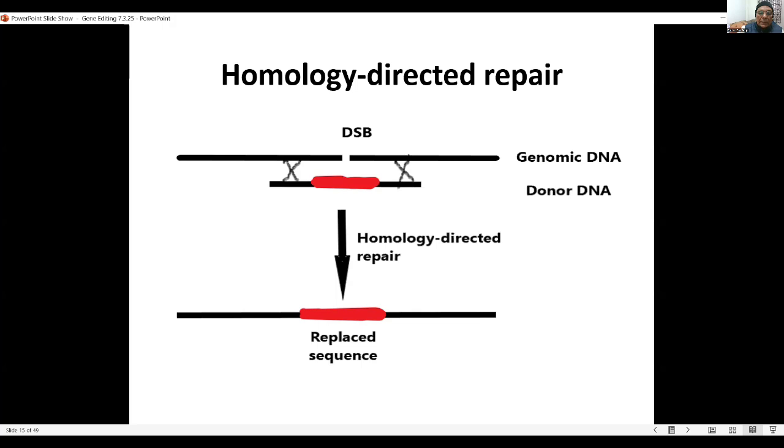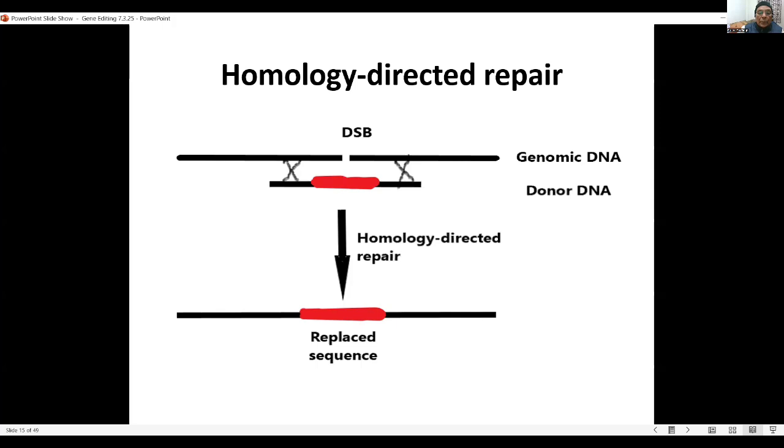In that case, the genomic region here that is not included in the homology region will be replaced by this sequence. So after repair, this sequence that is different is copied into the genome, and the sequence replacement takes place.